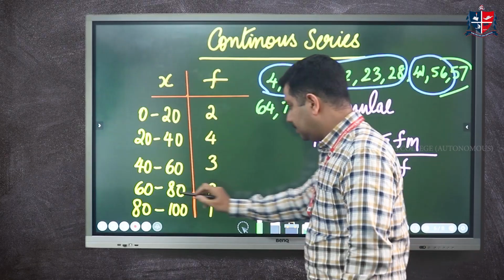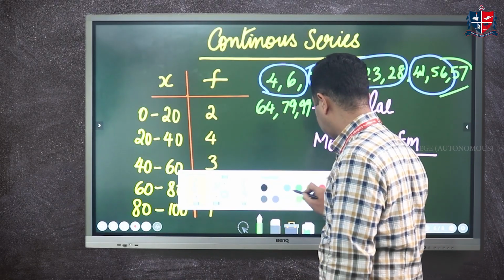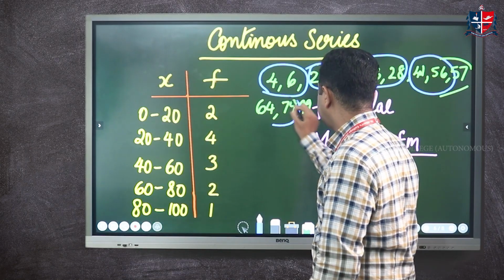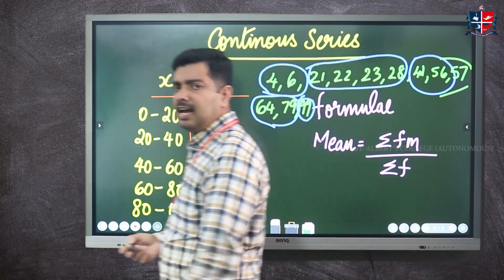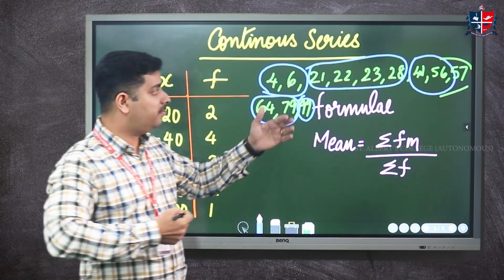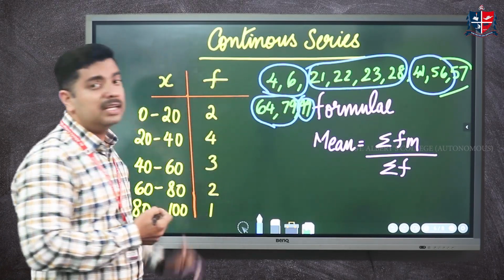And in 60 to 80, I have 2. And 80 to 100, I have 1. So this is how you convert an individual series into a continuous series.